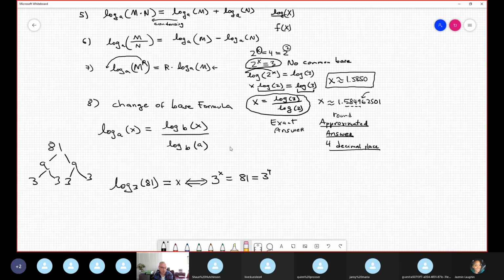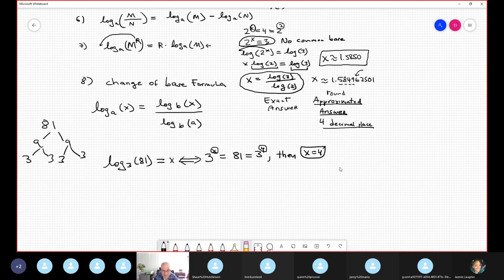Actually, 81 is formed by the multiplication of four 3s. Now we discover the conclusion is then x equals 4, because this exponent is equal to this exponent. This is the way that we were doing it in the last class.